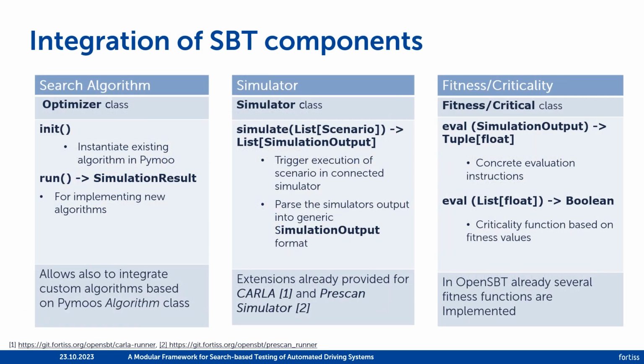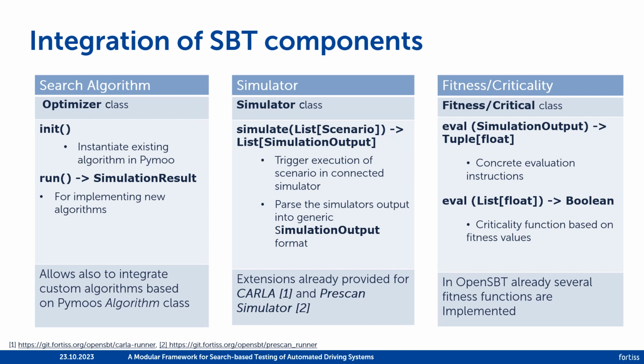To integrate a specific search algorithm, simulator, or fitness function, OpenSBT provides interfaces and abstract classes. For the algorithm integration, the optimizer provides the methods init and run, where existing or user-defined algorithms can be integrated. The simulator is integrated via subclassing the simulator class and implementing the simulate method.